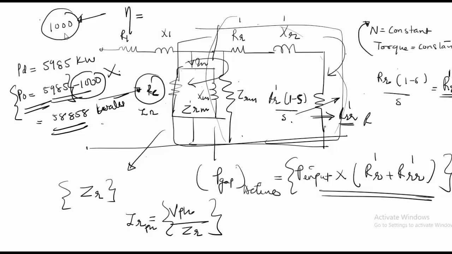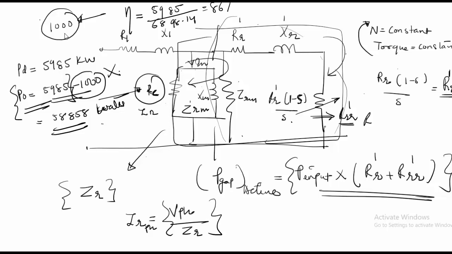If I calculate it based on my power developed, then my efficiency will be equal to 5985 divided by 6898.14, into 100, which comes close to 86 percent.